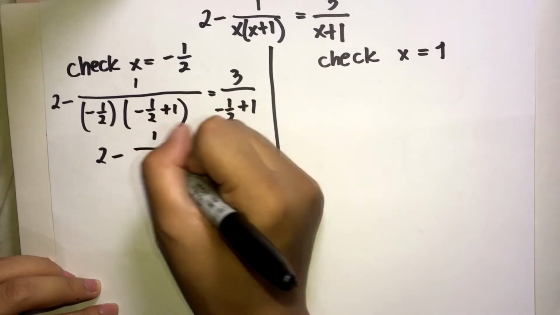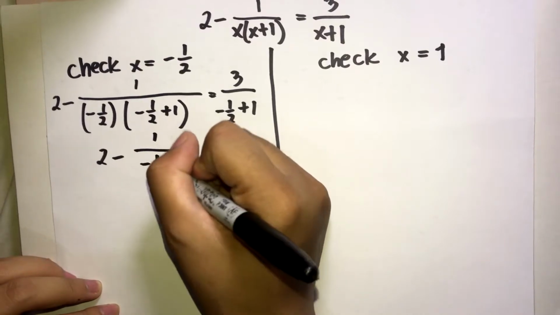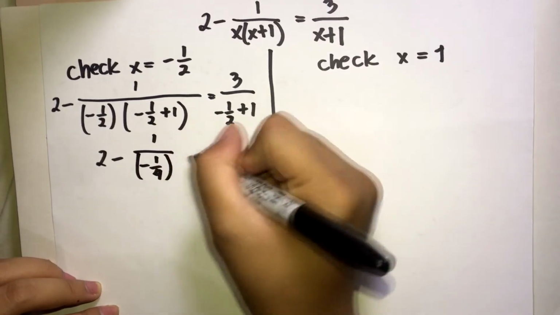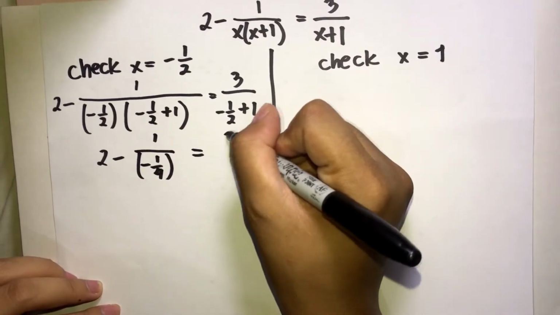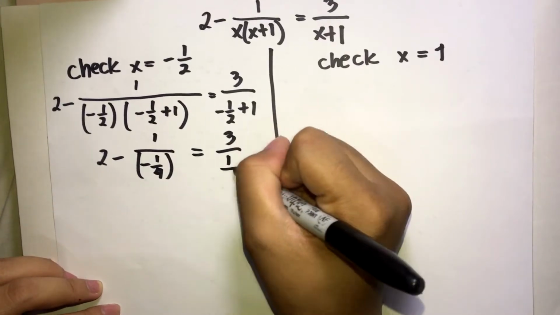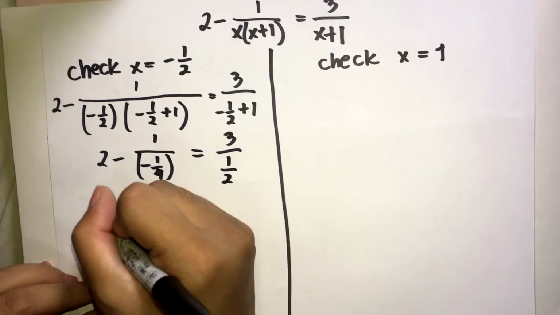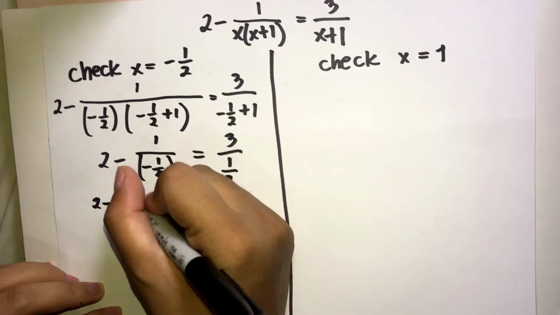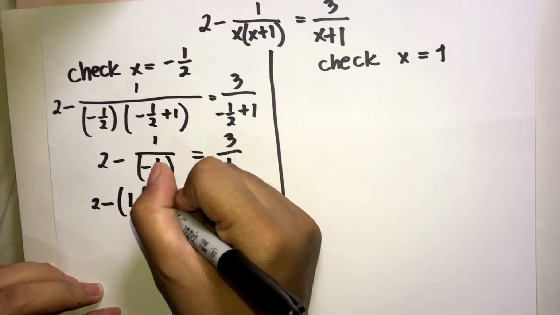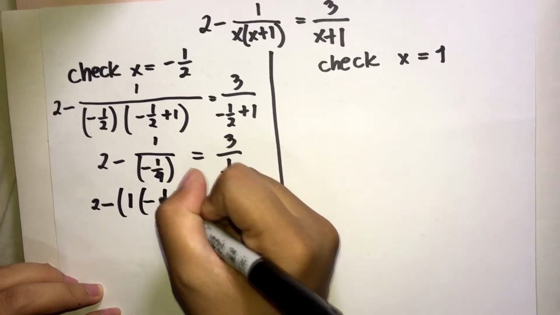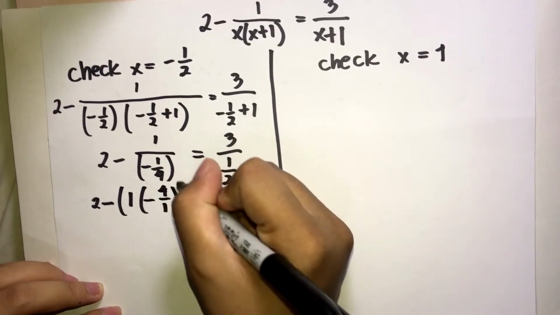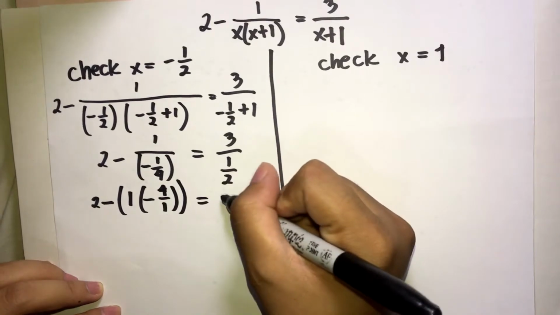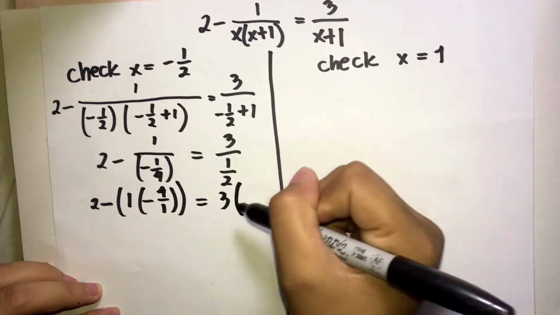Perform all the operations on the denominator, so the answer would be 2 minus 1 over negative 1/4 is equal to 3 over 1/2. Reciprocal the denominator, so it would be 2 minus 1 times negative 4 over 1 is equal to 3 times 2 over 1.